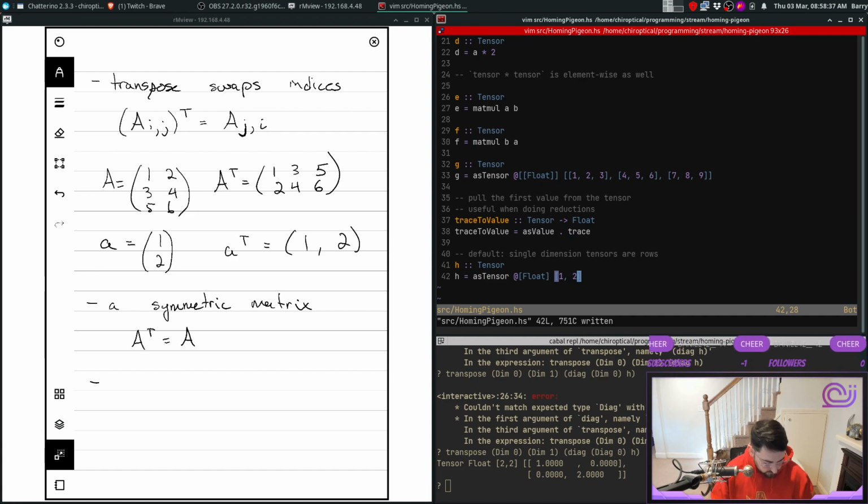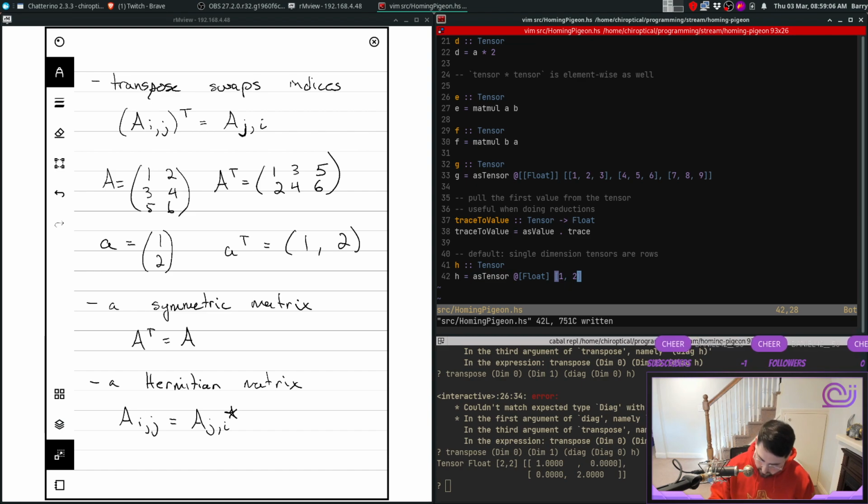If we had a complex matrix, a Hermitian is the following: A sub ij equals A sub ji star. The star is a complex conjugate.